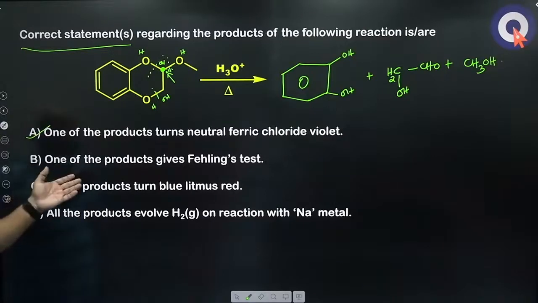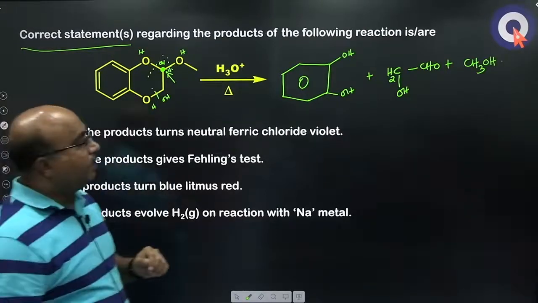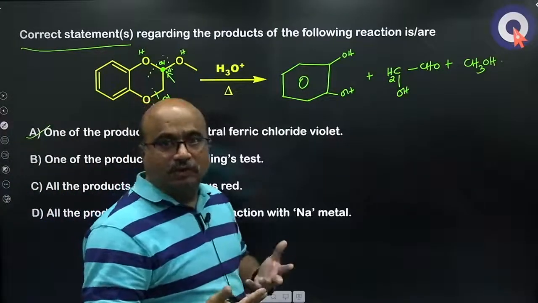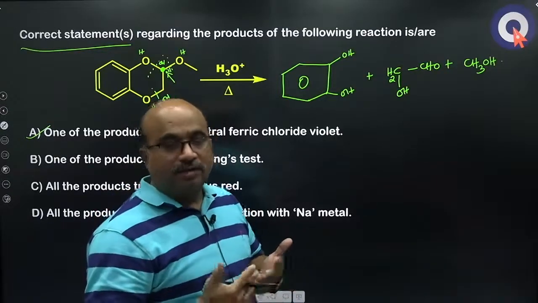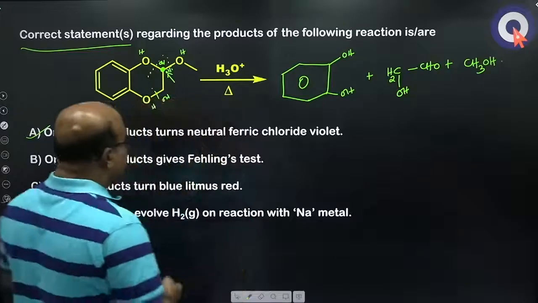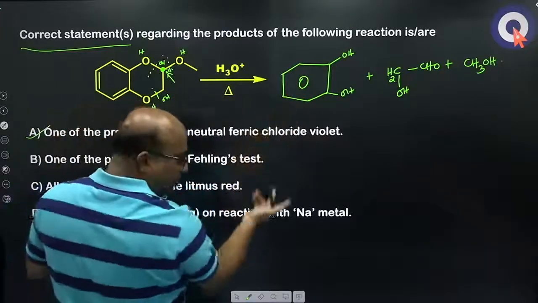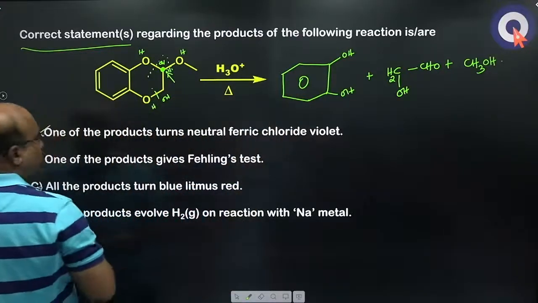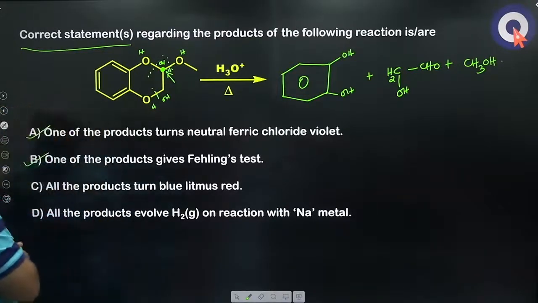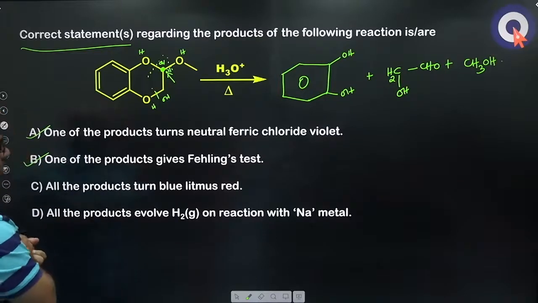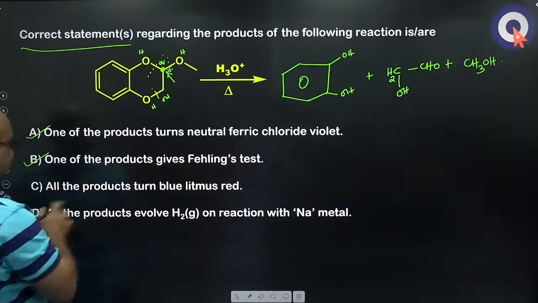One of the products gives Fehling's test. Fehling's test can be given by aldehydes, with some specific conditions. Formic acid also can give it. Tollens' reaction, Fehling's reaction, Benedict's test. So this is also correct.